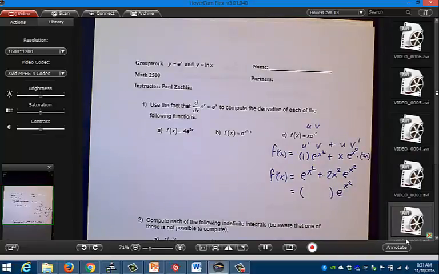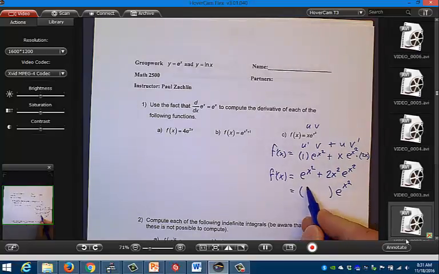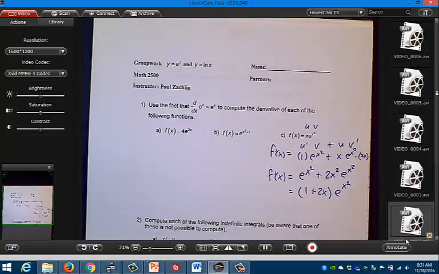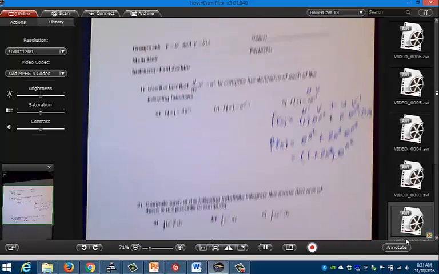See, what happens with these exponential functions is they kind of stick around a lot, because the derivative of e to the x squared is e to the x squared times something. And so people will put the leftover stuff here, you know, kind of factor out that exponential function. Yeah, that e to the x squared here, right? 2x squared, thank you. So that's how that goes.